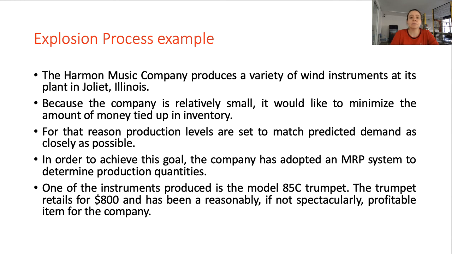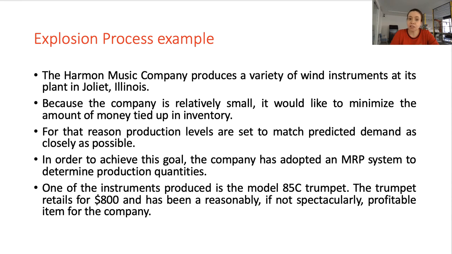In this example, there is a music company called Harman producing a variety of instruments. The company is relatively small and would like to minimize the amount of money tied up in inventory. For this reason, production levels are set to match predicted demand as closely as possible.